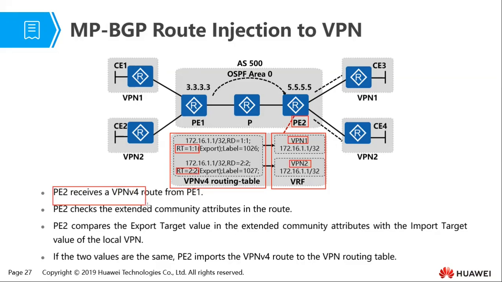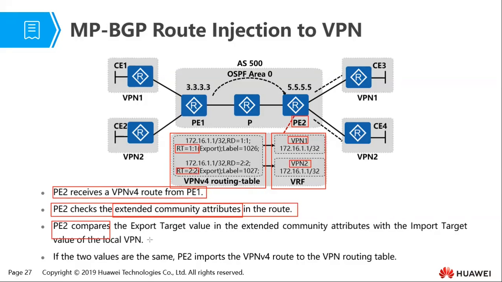So PE2 receives a VPN v4 route from PE1. Then PE2 checks the extended community attributes in the routes. Because we're using BGP, you remember we had the extended community attribute. It's the one that carries these identifiers like the route target.